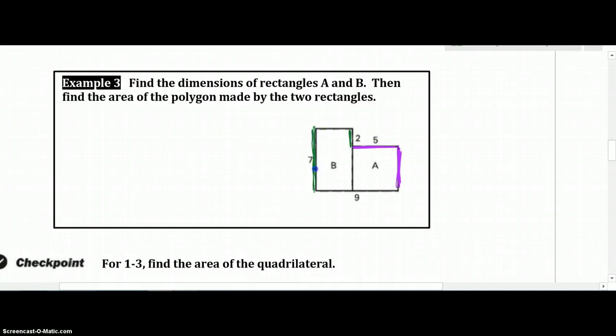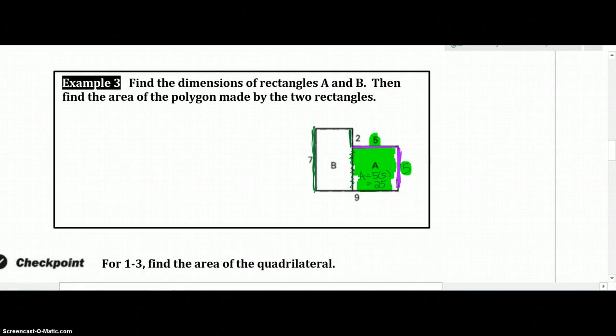So if this height is 7 and this height is 2, what does this height have to be? 5. So it turns out that this rectangle A has the dimensions 5 by 5. So the area of that rectangle is 5 times 5, or 5 squared, so 25.